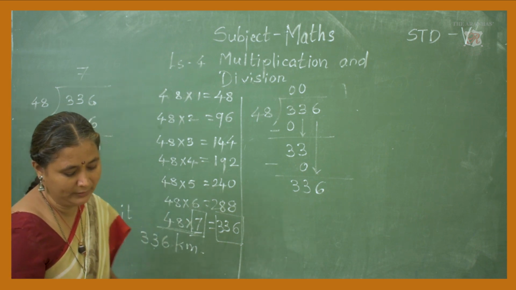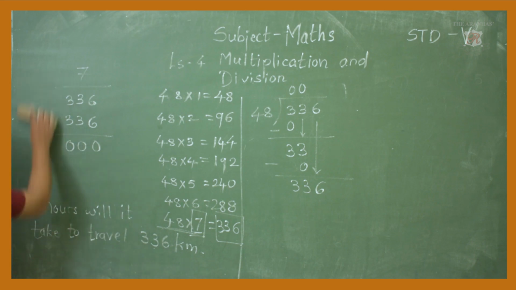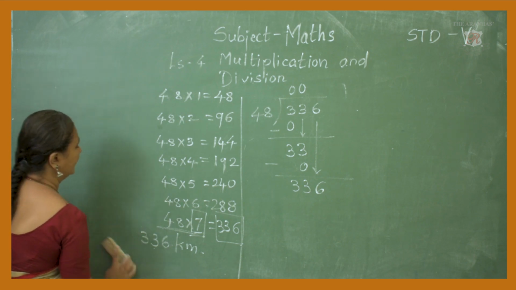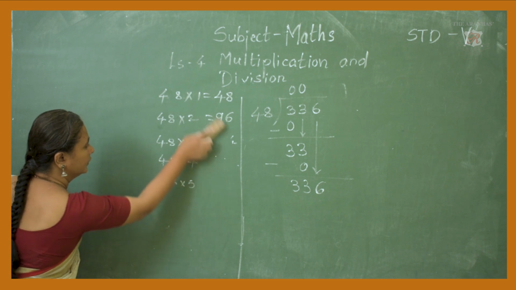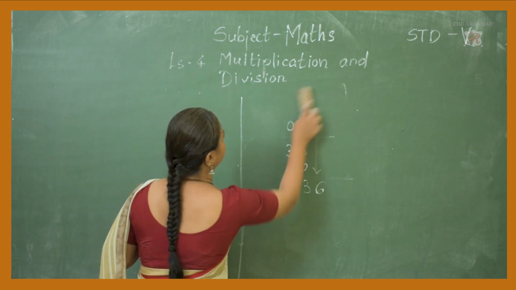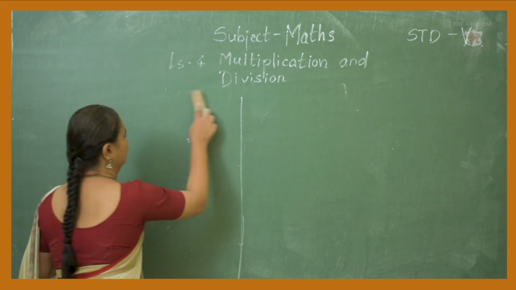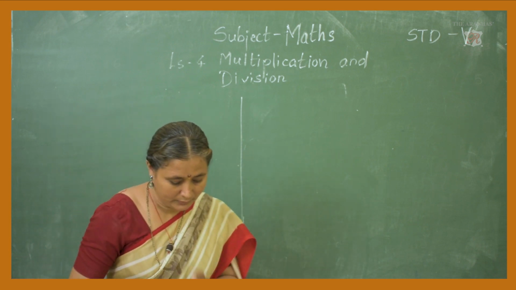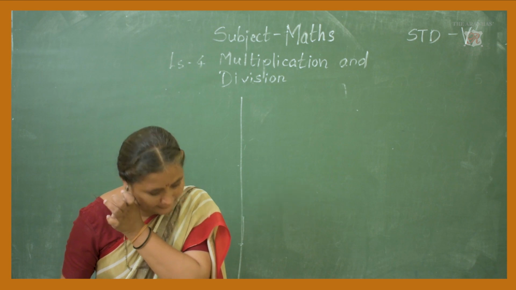Now see question number 3, Girija. Now first, which table do you have to do? Table of 35, isn't it?